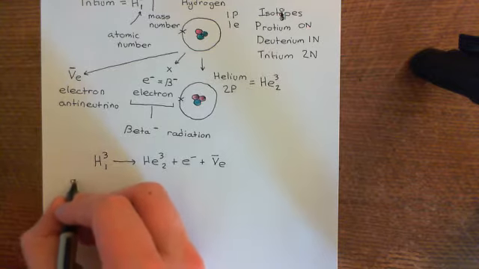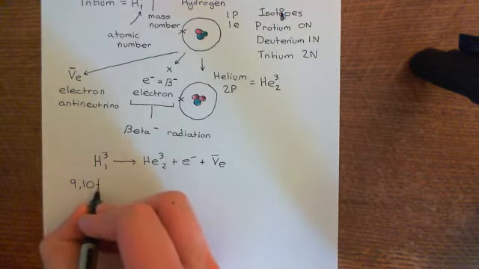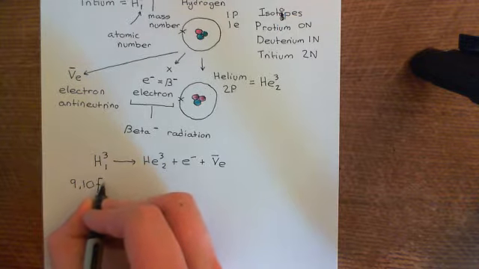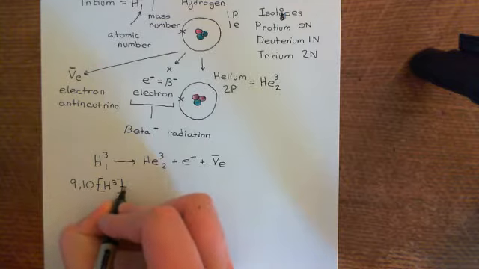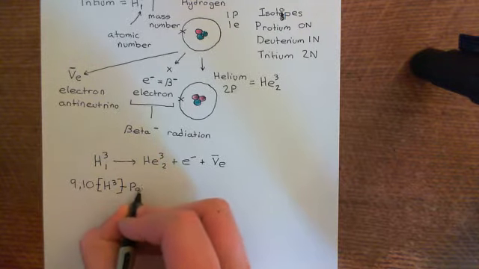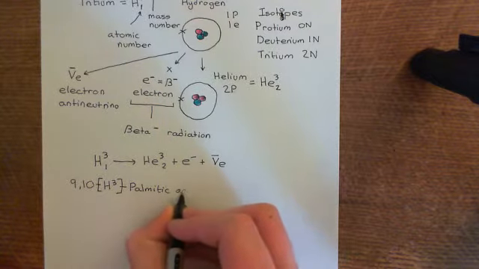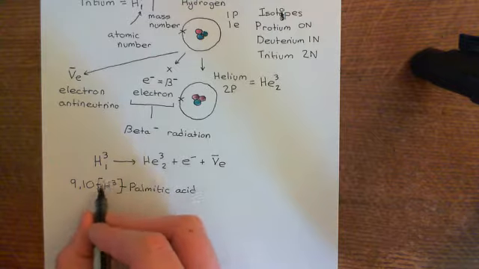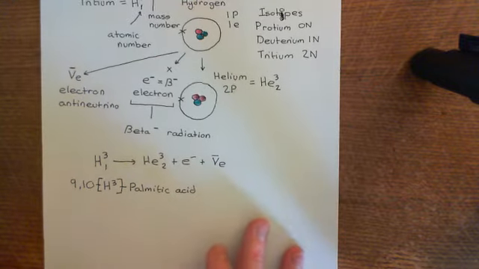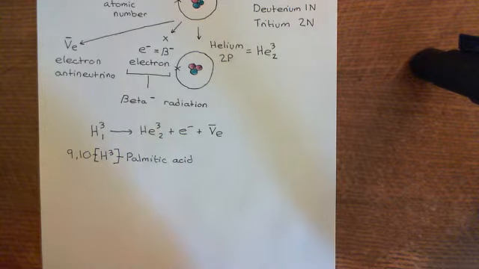The form we're going to create is called 9,10-tritiated palmitic acid. Tritium is often just abbreviated to T for short, but we'll also use H3 rather than T. So let's draw the structure of 9,10-H3 palmitic acid.